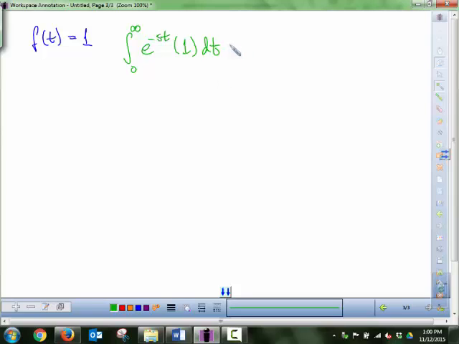So what is that? Well, we don't need anything fancy here. Maybe just a simple u substitution. u is equal to negative st, and then du is going to be negative s. So that's going to give us a 1 over s, constant with respect to t.